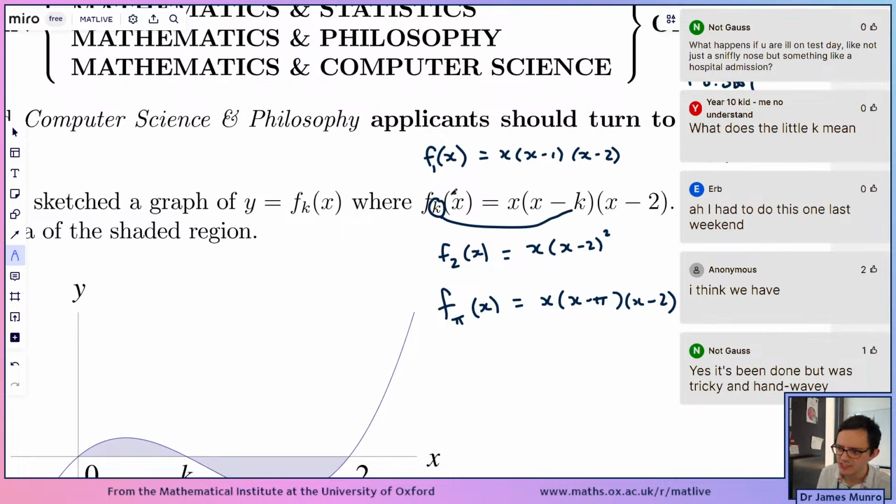Just like how you're used to taking the x, the input to the function, and putting it everywhere over here. K is technically an index, but it behaves in a very similar way. So here I've tried to show you some examples where I take the number k and that just appears here. So I just replace all the k's. All I'm doing, I suppose, is taking this equation, which is true for all values of x and for k between 0 and 2, and I'm looking at particular examples.